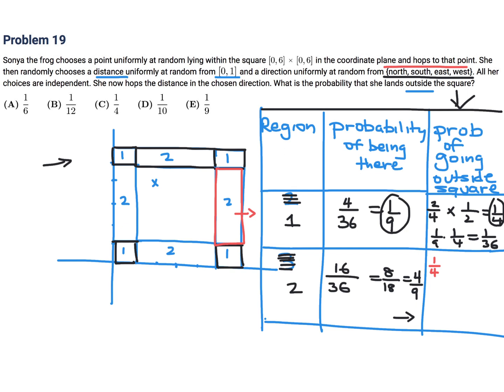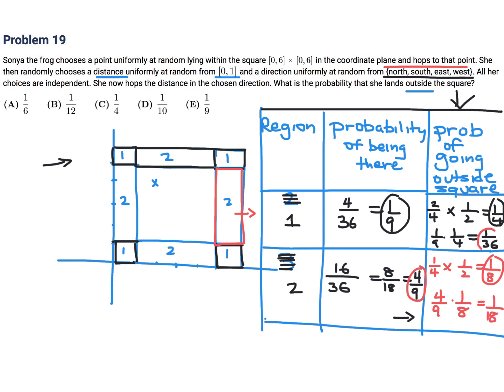And then the probability of going outside the box is equal to choosing a distance to go out between 0 and 1, and that would be a half. So you multiply those two, and you get 1 over 8. So the total probability would be that times a half, would be 4 over 9 times 1 over 8, which is 4 over 72, which I believe is 1 over 18 in lowest terms.